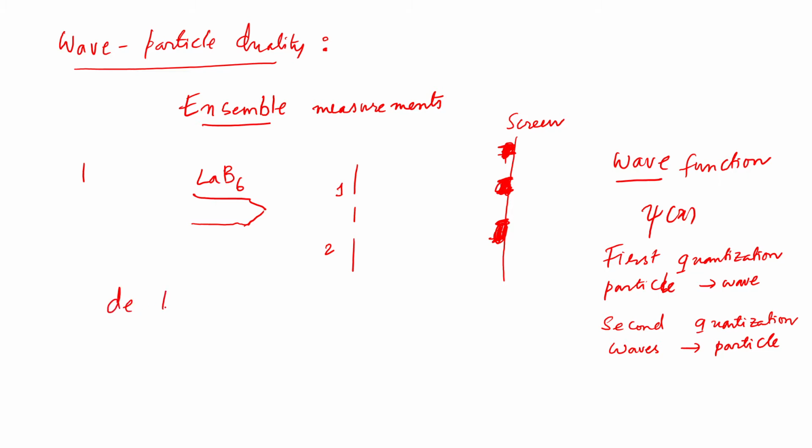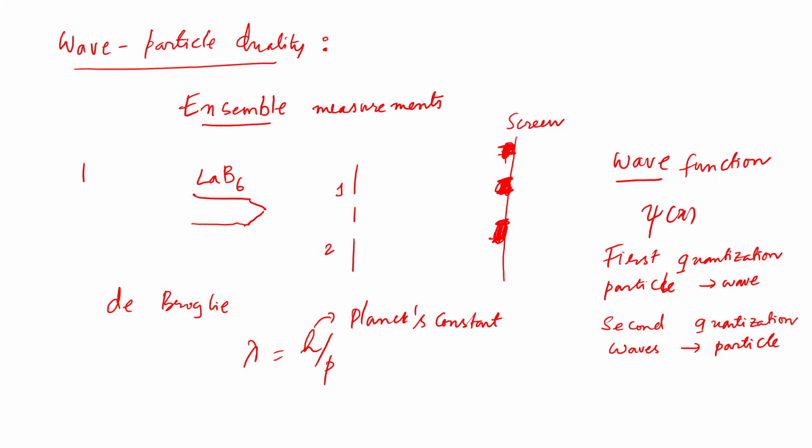De Broglie's wave particle duality, basically he states that the wavelength lambda can be related to momentum as lambda is equal to h over p, right, where h is Planck's constant, right?